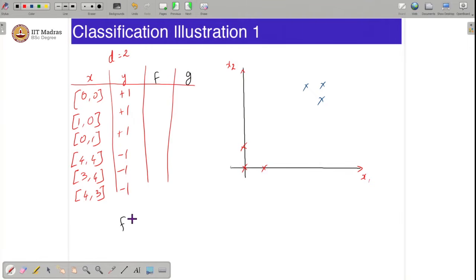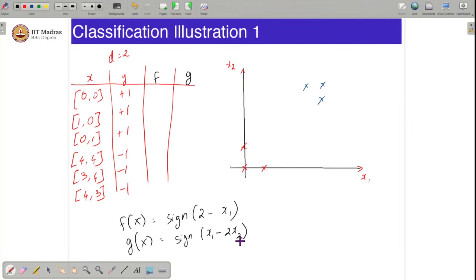Say f of x is sign of 2 minus x1, and another model g of x is sign of x1 minus 2x2. Right. So, these are the 2 models that we would want the learning algorithm to evaluate.